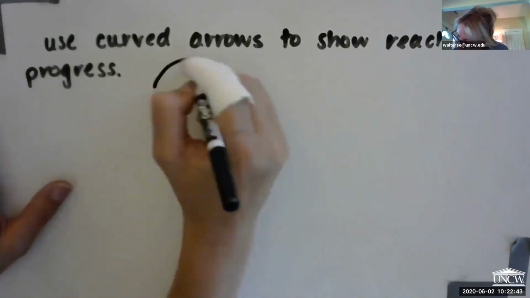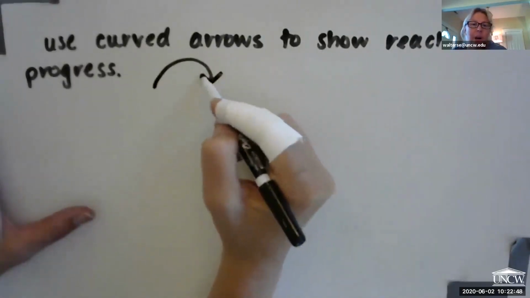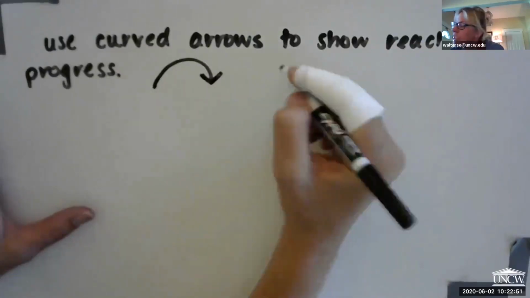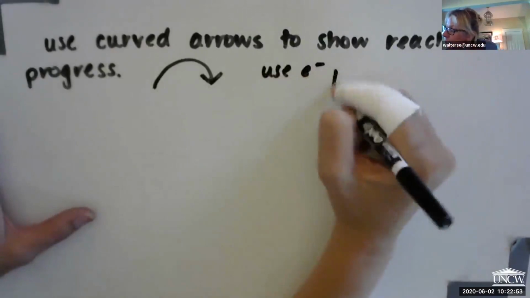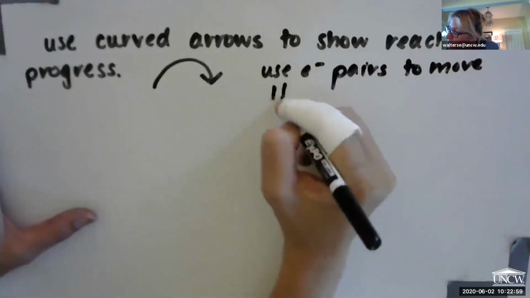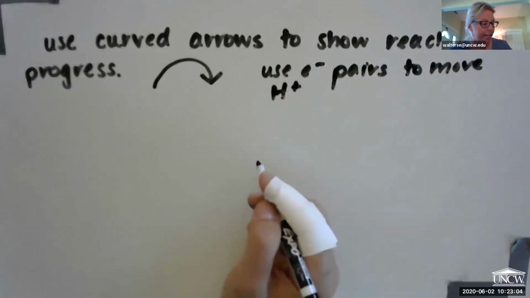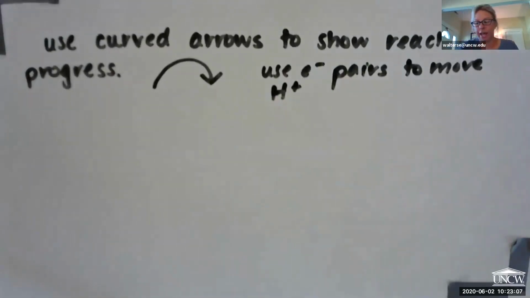So your curved arrow is going to have to be a double barbed arrow, because we're going to use electron pairs to move the proton. Okay, so in the Bronsted-Lowry definition, and it's true all over in every general chemistry class, you're told that acids are proton donors, bases are proton acceptors, and it makes it sound as though the reaction proceeds when the acid decides to let go of the proton, but it's actually the reverse.